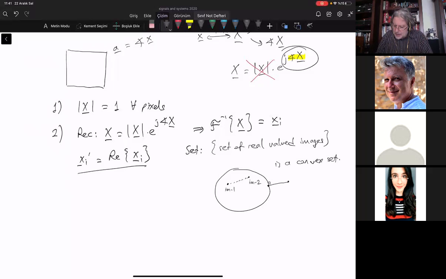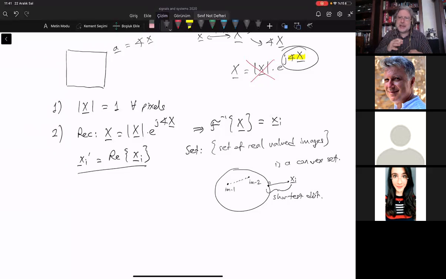This is the shortest distance solution, which stays inside the set, but it is nearest to the starting point value, which is xi, okay? So what is a real number which is closest to xi? What's the answer to that? The answer is the real part of xi.